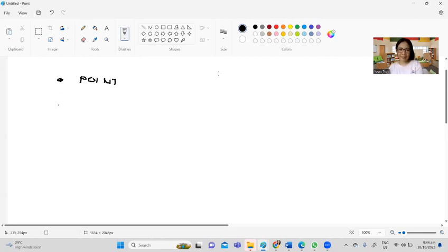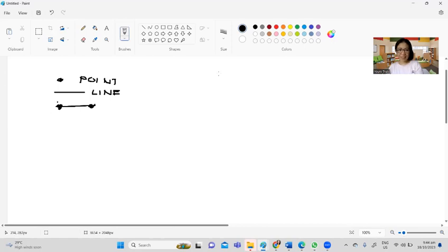A point from here and another point here, and we connect them with a line. It's called a line, right? This one is a straight line. But when a line has 2 points at the end, how do you call that?